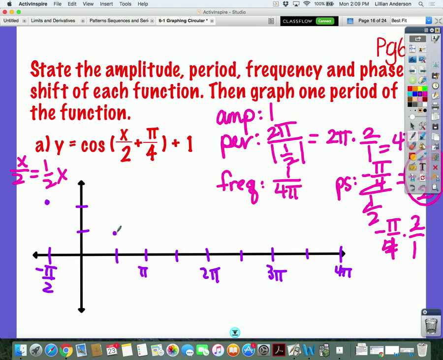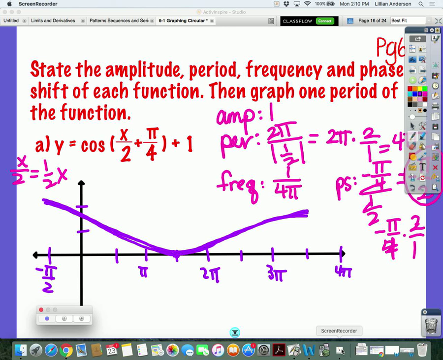Yes, thank you. 3 pi over 2, 0. 5 pi over 2, 1. And then 7 pi over 2. Is there only going to be 2 on this page? Yeah. There you go. There's your function. Graph of your function.